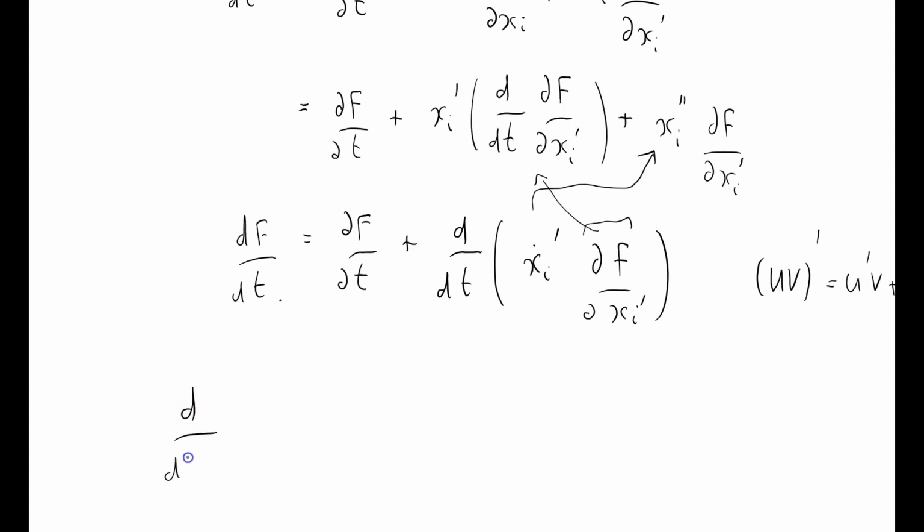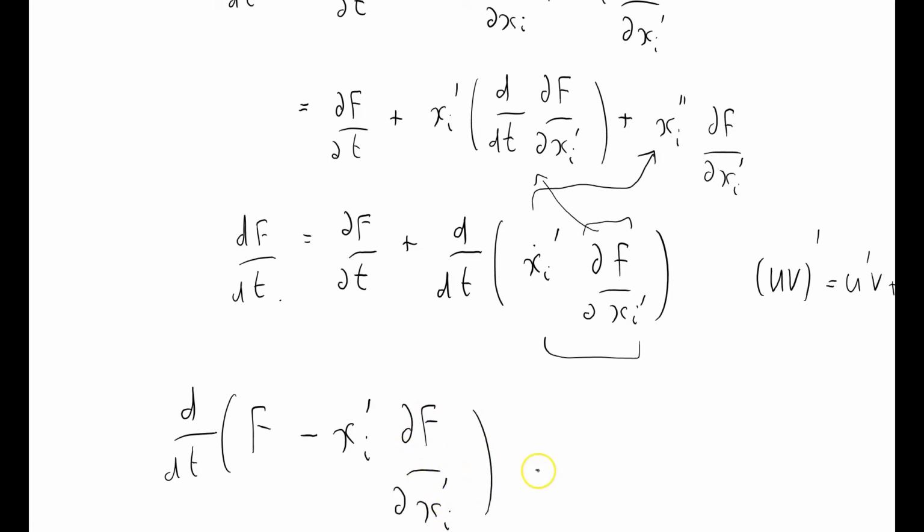I can say it's d by dt of f minus, and what I'm going to do is take this term over to the left hand side, xi dash df dxi dash, equals df by dt. Is that right? Yes, df by dt.